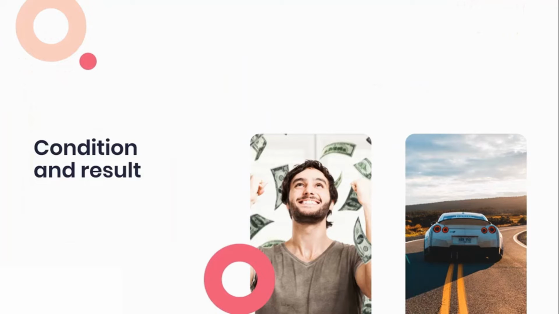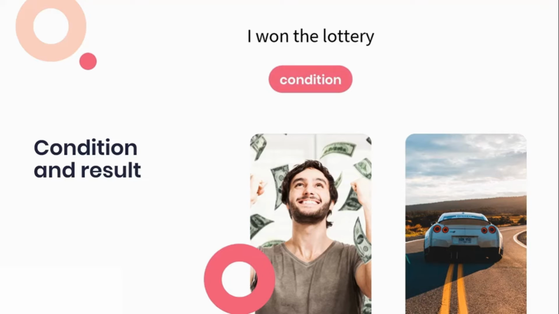So, let's talk about winning the lottery. I won the lottery. Is this the condition or the result? Think about it. Is it causing something to happen, or is it the outcome of something? It's causing something else to happen. It's the condition.